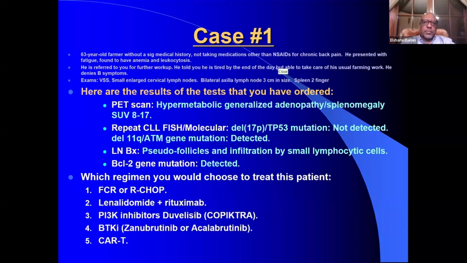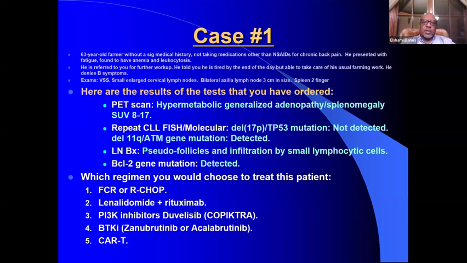CAR-T, number 4, BTKI. One more and we can move. One more, please. Odd number, you can have three people choose.